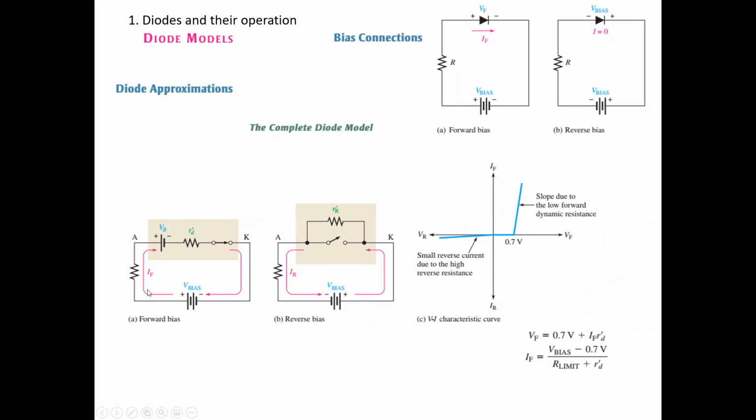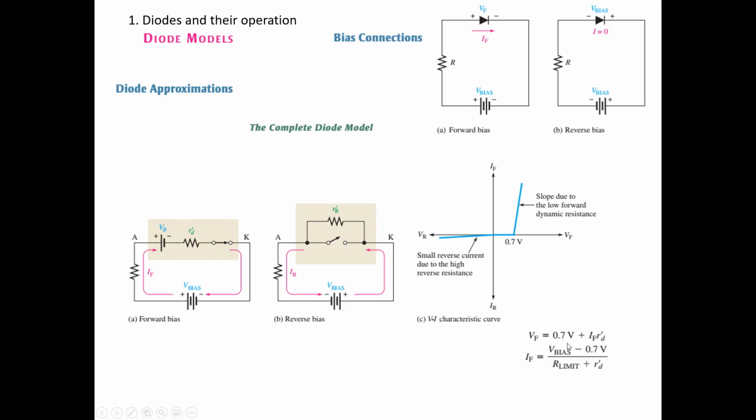This internal resistance we can represent like this. And in the reverse bias situation, we have this leakage current that is due to the connection between these two terminals. That is due to the internal resistance of the diode.